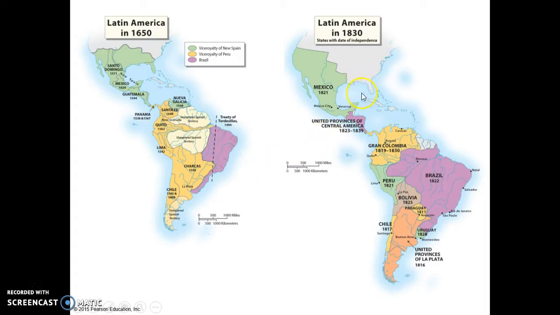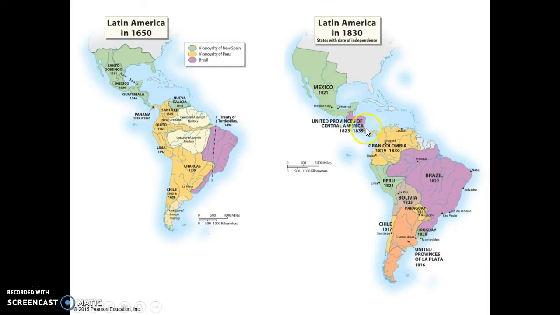By the time of 1830, after these colonies had gained independence from Spain, this is what the picture looked like. So Mexico, very large, right? A big portion of southern and western U.S., of course, was part of Mexico.